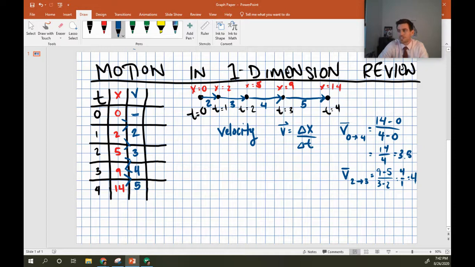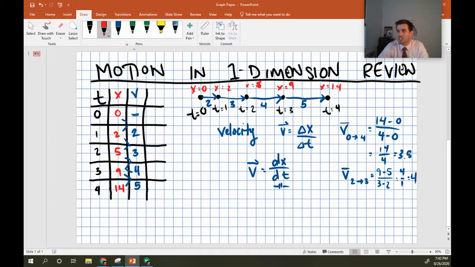But that information does exist. And in order to get a truly exact velocity graph or instantaneous velocity, we need a change in position over a period of time that is so small, so close together, that it's nearly instantaneous.